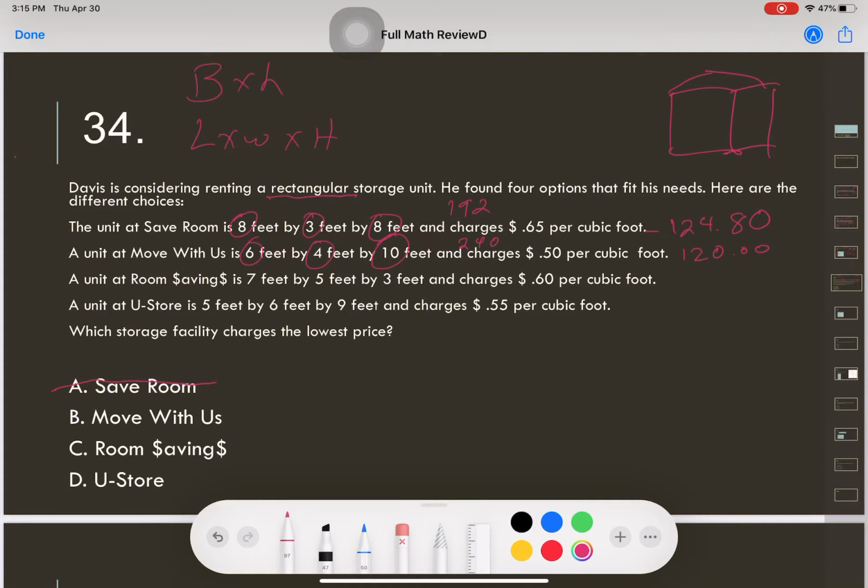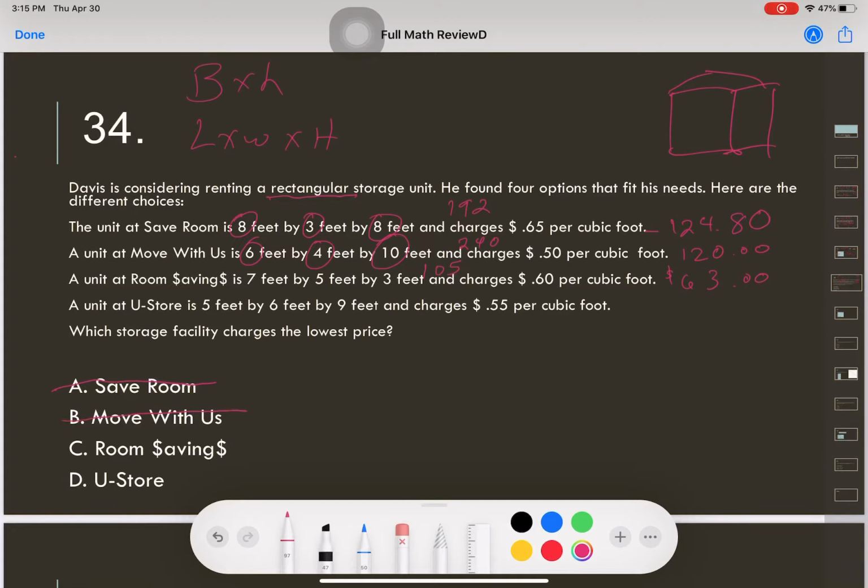Room Savings is 7 times 5 times 3, which is 105 cubic feet, times 0.60, which will be $63. That's a much better deal, so we can rule out that one.